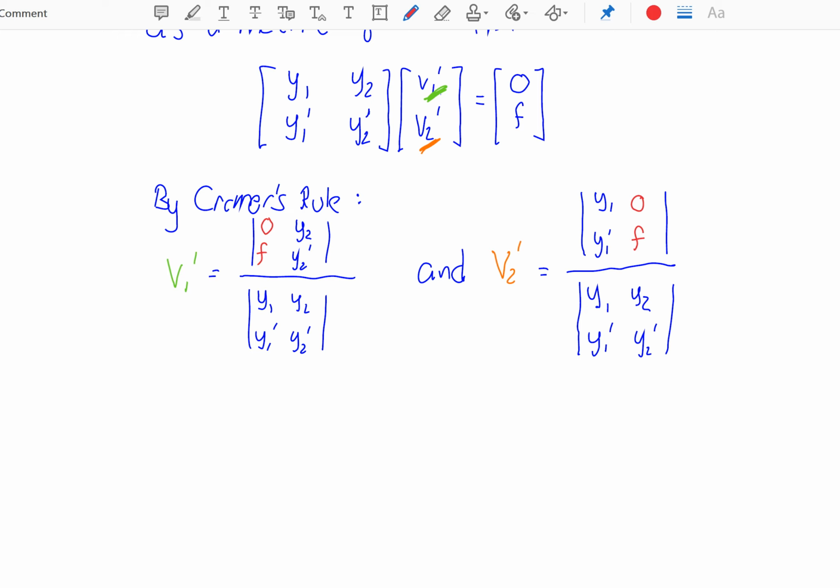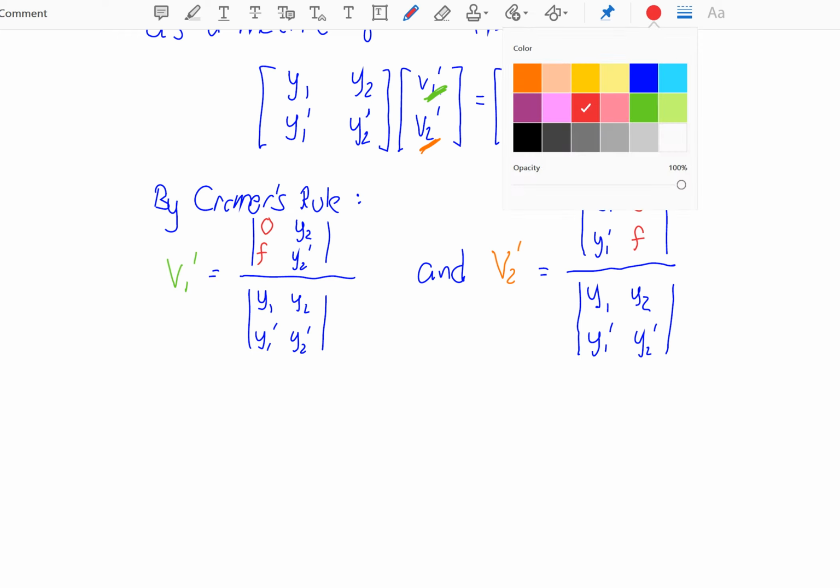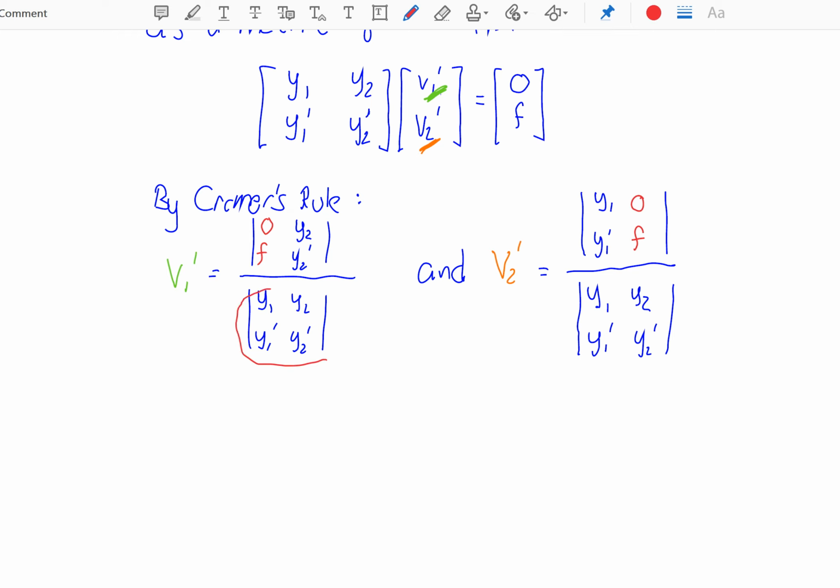Now, what you'd like to notice in this derivation is that your denominator should look like the Wronskian of your functions y1 and y2.